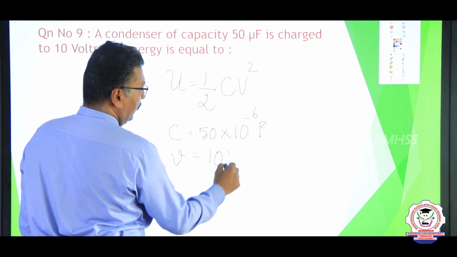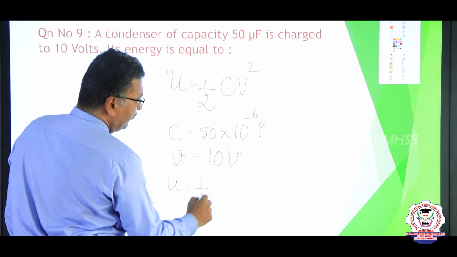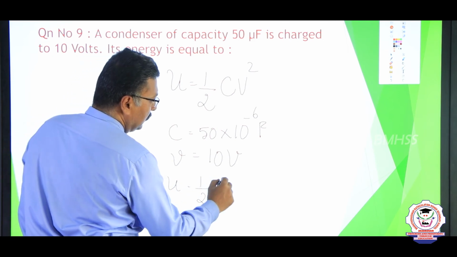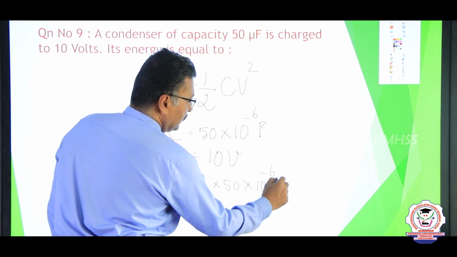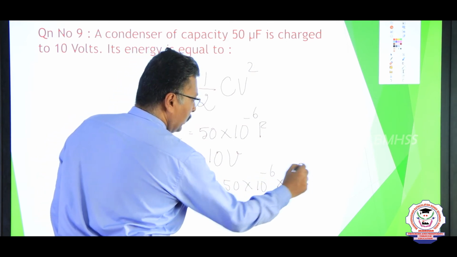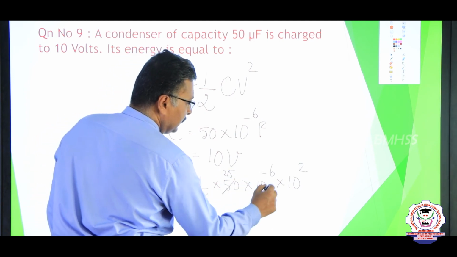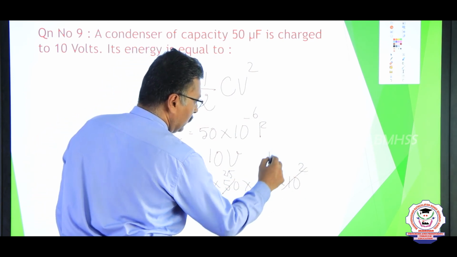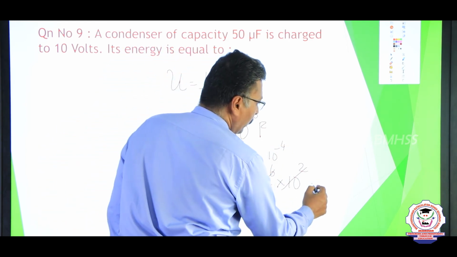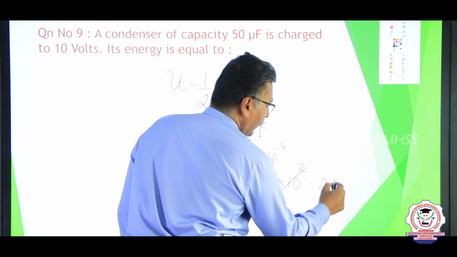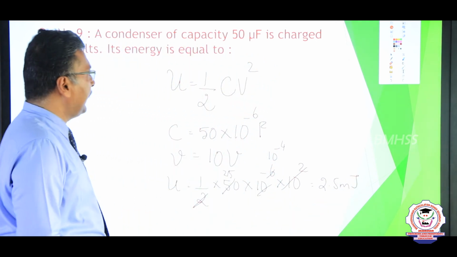So what is going to be U? U is equal to half into 50 into 10 power minus 6 into 10 square. So this is 25, this is 10 power minus 4, or it is equal to 2.5 millijoules. So you have to tick the answer at the right point.